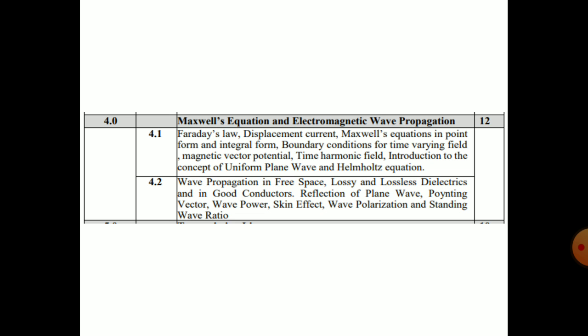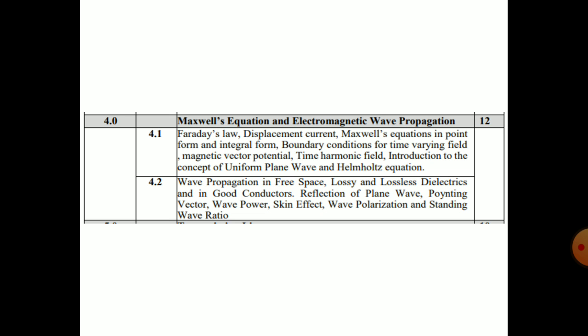So how the things will change when the medium changes is called the boundary condition. For time varying fields, how to apply this boundary condition, that we have to study in Maxwell's equations.